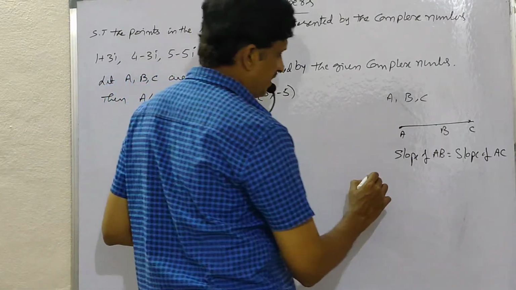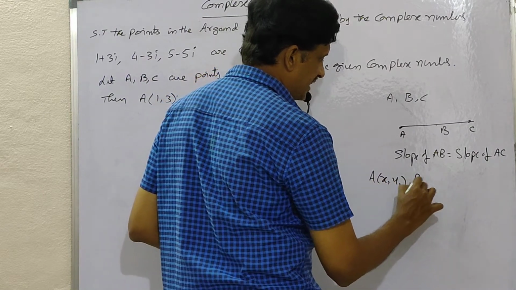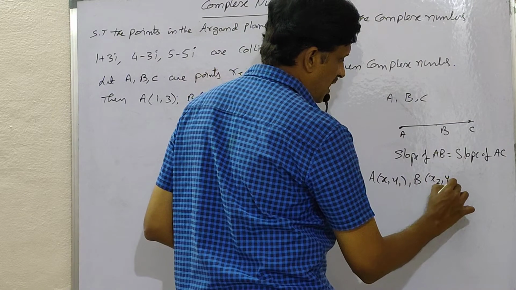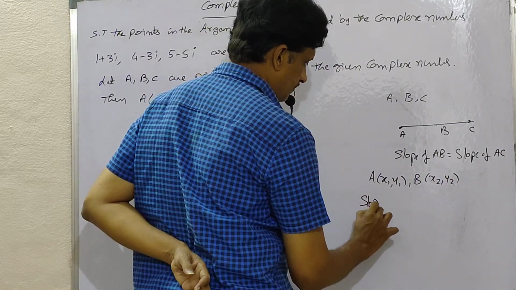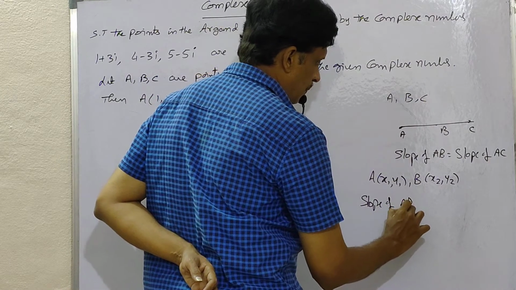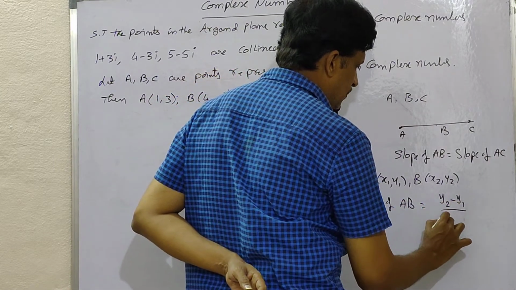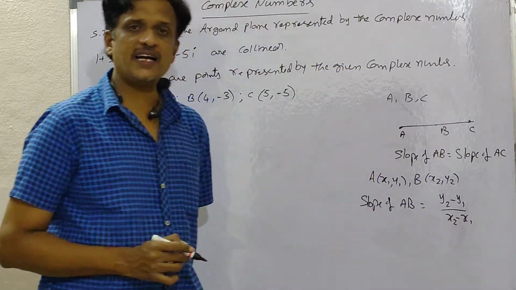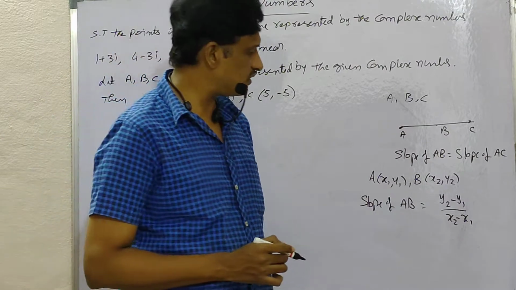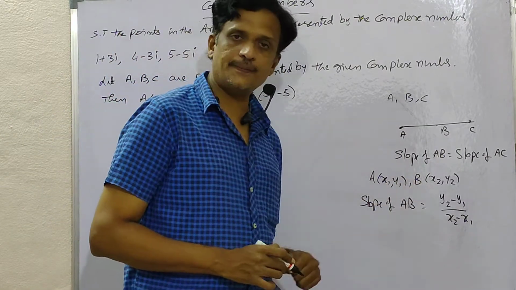In coordinate geometry, suppose the point A is x1, y1 and the point B is x2, y2. Then slope of AB is given by y2 minus y1 by x2 minus x1. That is, difference of y coordinates by difference of x coordinates gives the slope of the line segment joining A and B.